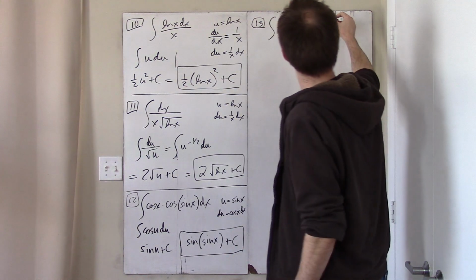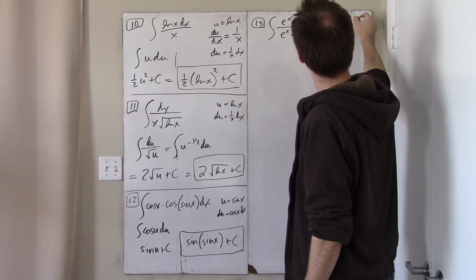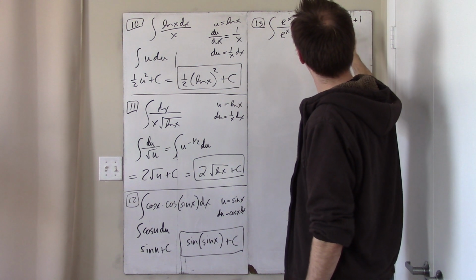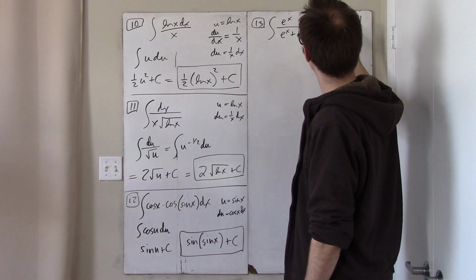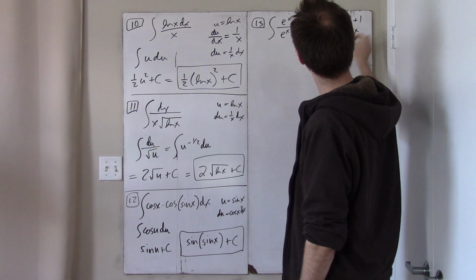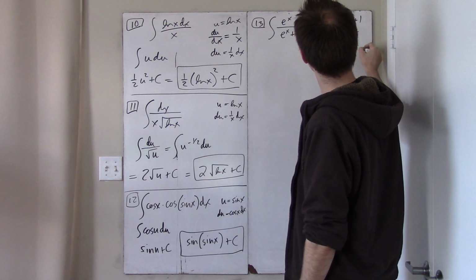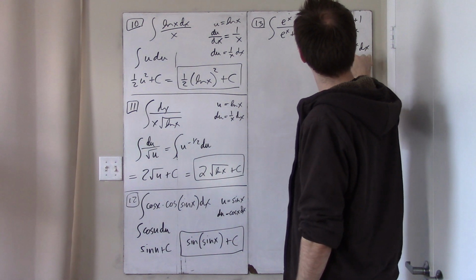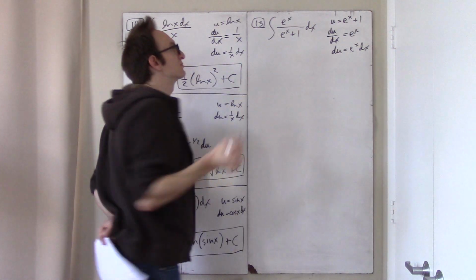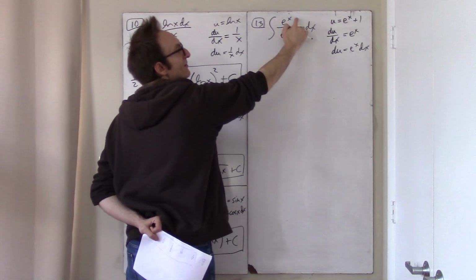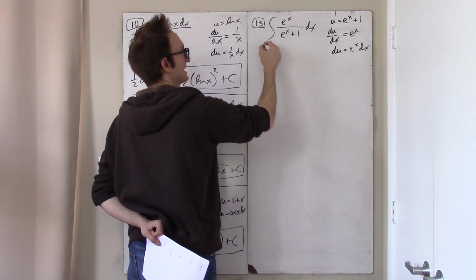So if I just let u be e to the x plus 1, then du dx is just e to the x, and so du is e to the x dx. Okay, therefore, it does look like some chain rule happened here because the numerator is in fact just the derivative of the denominator. I guess that's the idea.